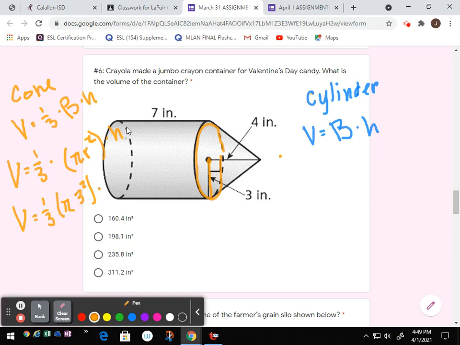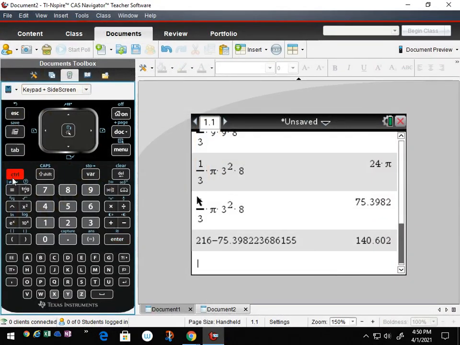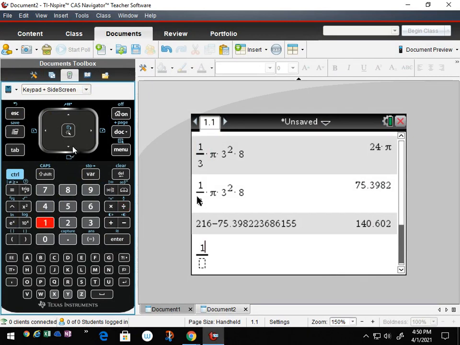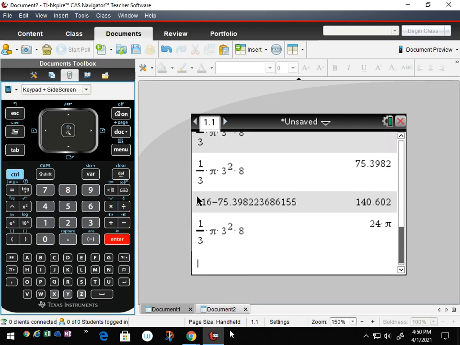Now we need to know the height of just the cone, which we can see from the tip of the cone to the very base of the cone, which is the circle. We have 4 inches, so our height is 4. Okay, let's go type all this in our calculator. Control divide. 1/3 times pi times 3 squared times our height of 4.